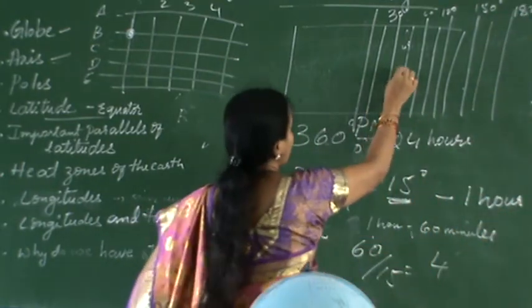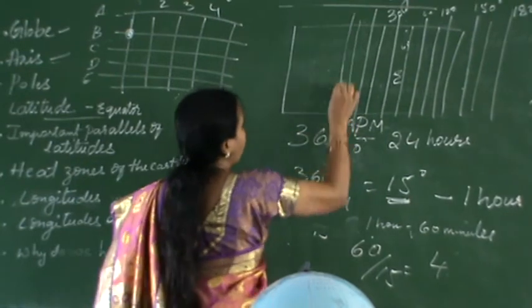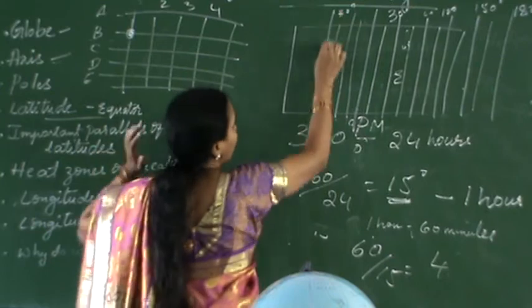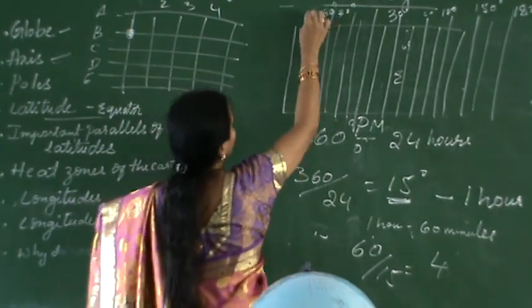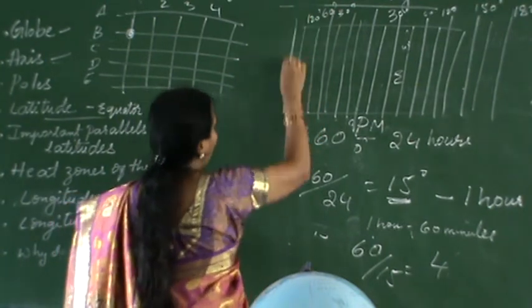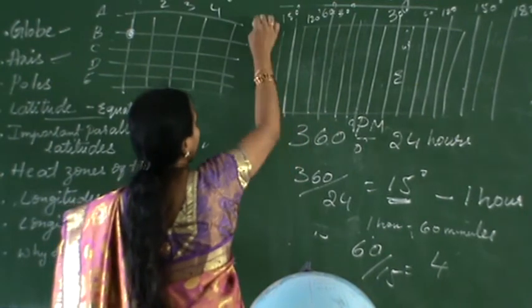In the same way, this is the eastern side, and the same way here also. 30 degrees, 60 degrees, 120 degrees, 150 degrees, 180 degrees.